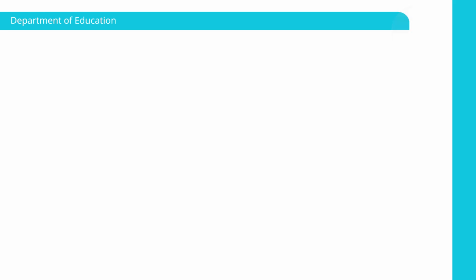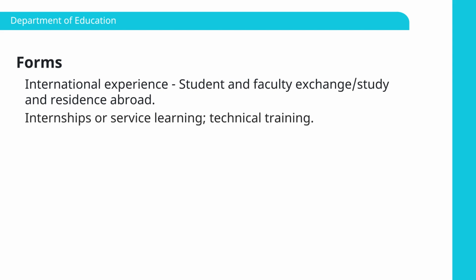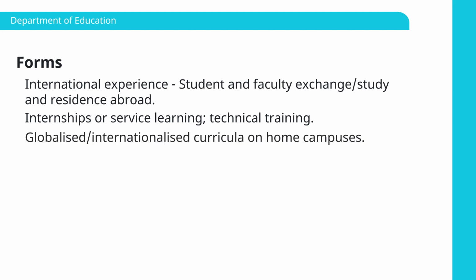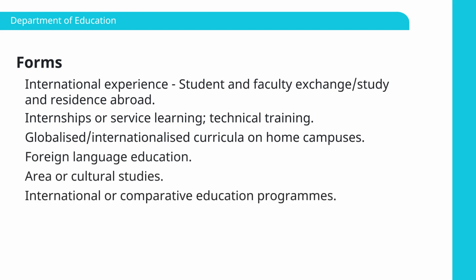There's also different forms of internationalisation. So we've talked about gaining an international experience through, for example, student and faculty exchanges or study abroad, internships or service learning or technical training, globalised or internationalised curricula on the home campus. So that's about internationalising the actual curriculum at home, on the home campus. Foreign language education as well, area or cultural studies, programs that promote international or comparative education.